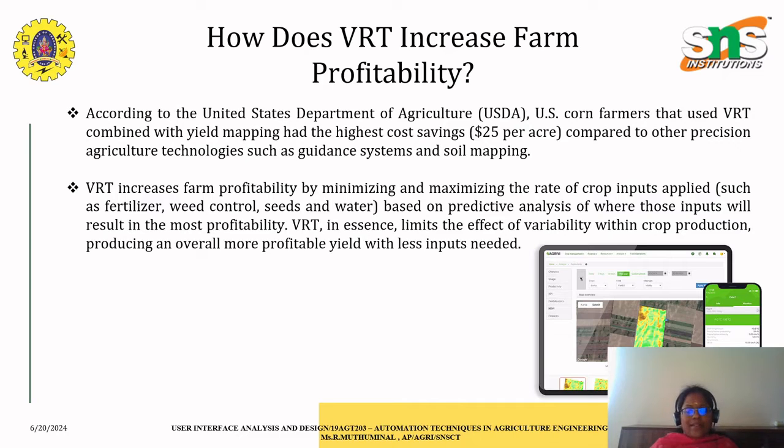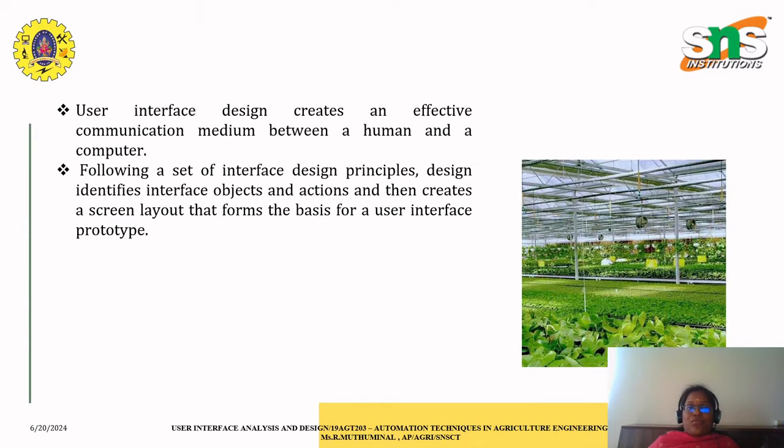So no one knows that, right? It has to be in a very easy way where I can predict it and solve it, or I have to digitize the data which I have obtained from variable rate technology. So this is where user interface analysis and design plays a major role.